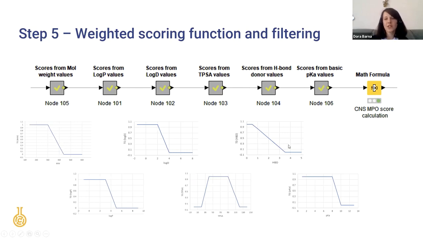And as a result of this transformation, we will get the score contributions from each PhysChem property, and as a final step, we will add them together to have the CNS MPO score value of each of the molecules. And what's left after that is to use this CNS MPO score value in a simple Row Filter node to narrow down the list of our virtual compounds to those molecules that have a high enough CNS MPO value that's above a certain selective threshold.